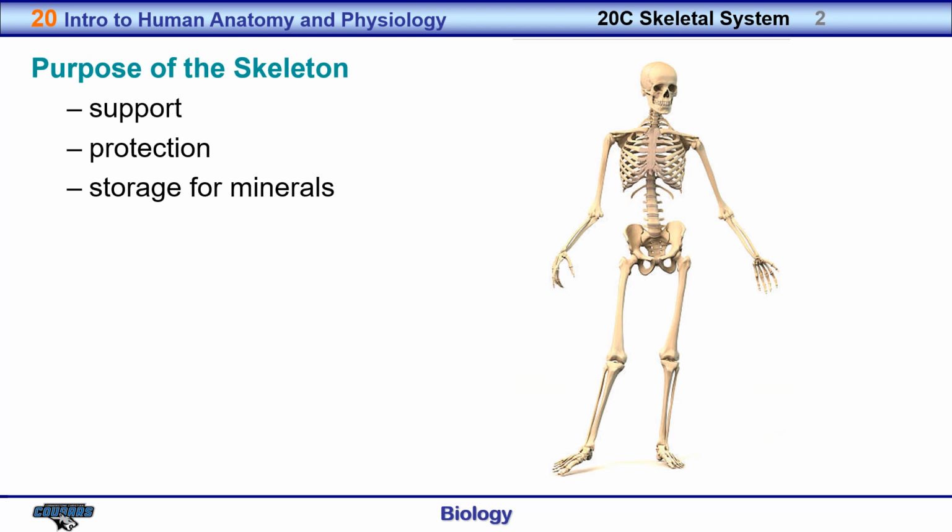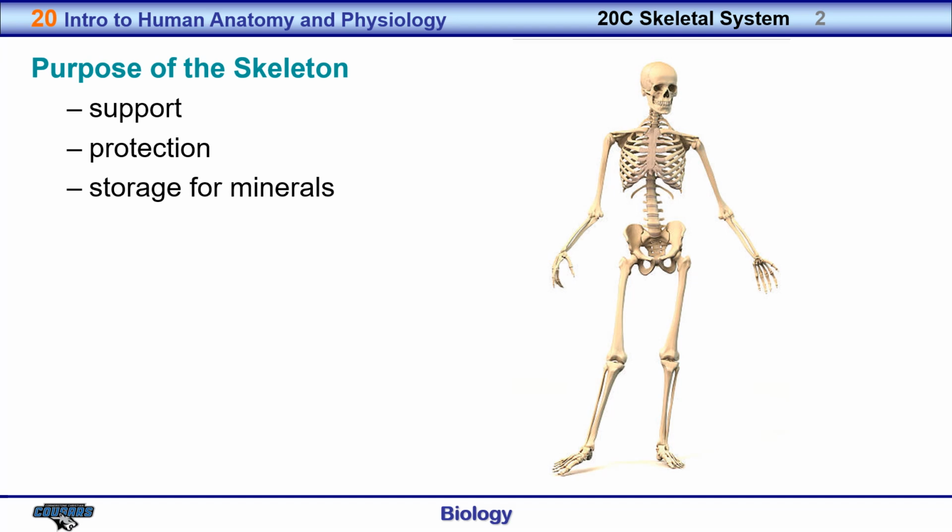The bones also serve as a storage area for minerals. When your body takes in more than you need, your body can store some of it there that it can use later on, maybe for mending bones or recovering from an injury or something like that.